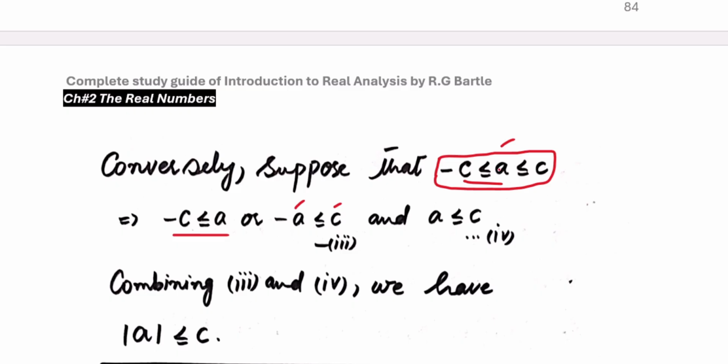And from the second part, I have the inequality A less than or equal to C. This is inequality number 4. Combining 3 and 4, in 3 minus A is less than or equal to C, in 4 A is less than or equal to C. So both are the values of absolute A, and this becomes absolute A less than or equal to C.